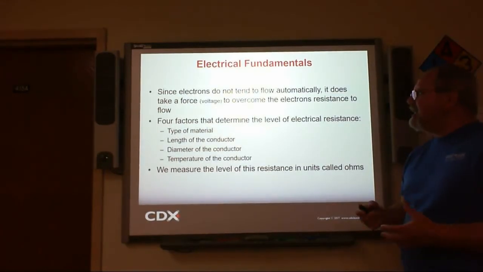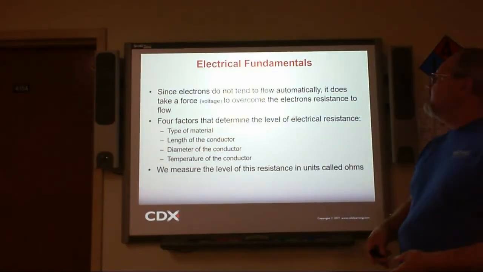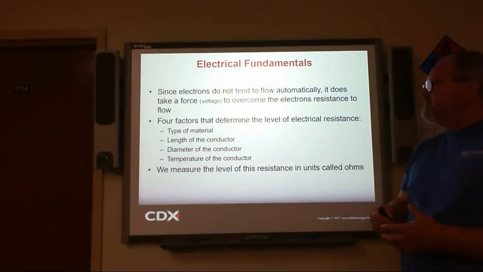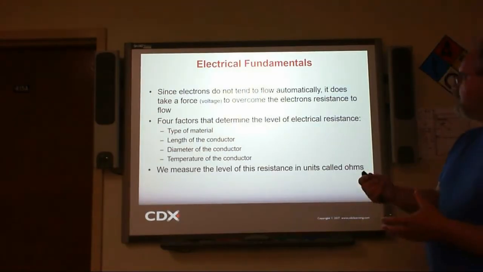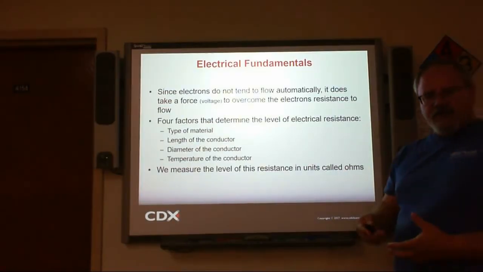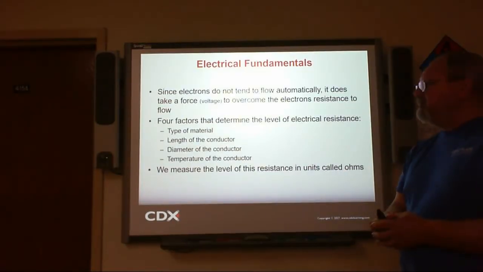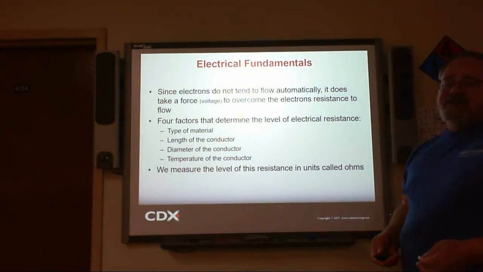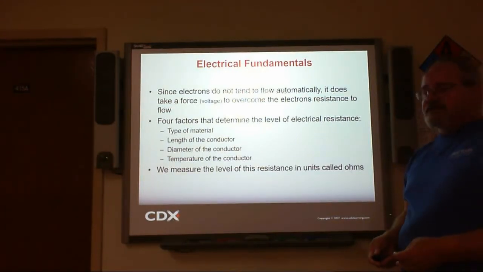And since electrons don't have a tendency to flow automatically, it does take a force to overcome their desire to sit still. That force, voltage, has to overcome the resistance to the electrons wanting to sit still. Now, there are 4 factors that determine the level of resistance in a substance. The type of substance, of course, determines if it's a conductor or an insulator.